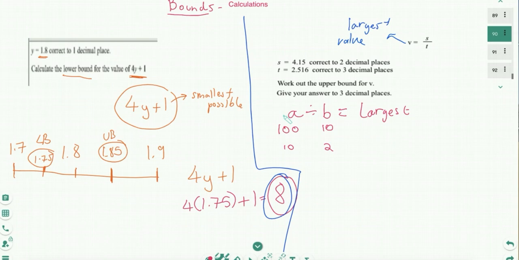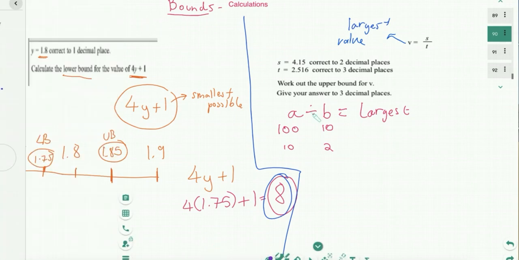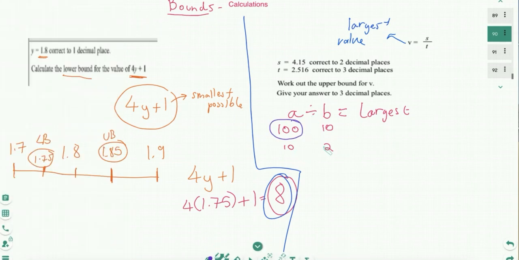And I want to think, how can I make the largest possible answer? Well, in order to do so, I need a really big first number and a really small second number, because 100 divided by 2 will give me 50, and that's the largest possible answer you can get. So basically, when we're dividing, if we want to get the largest possible value, the numerator or the dividend must be the highest possible value.